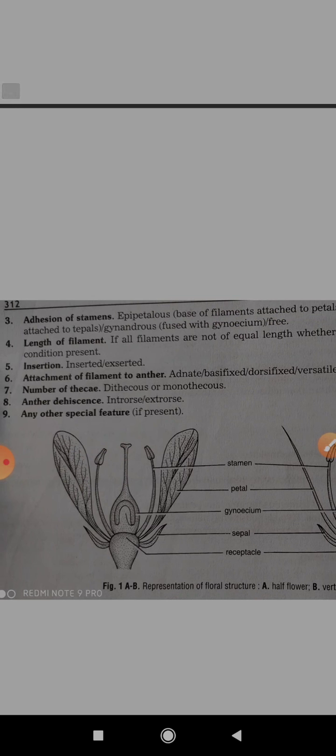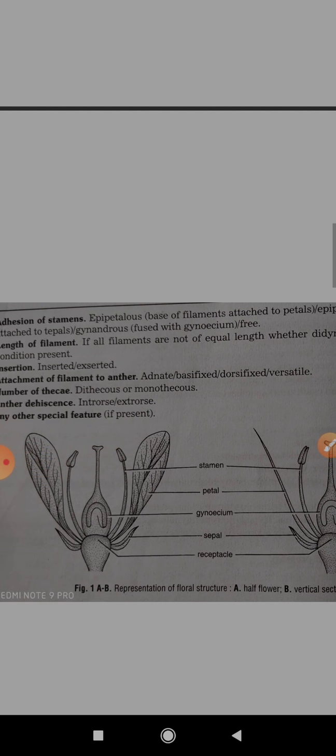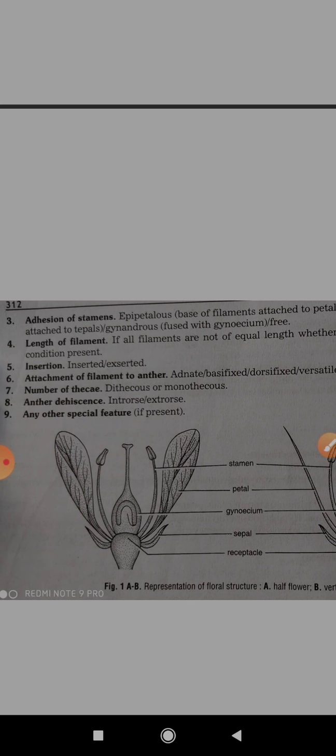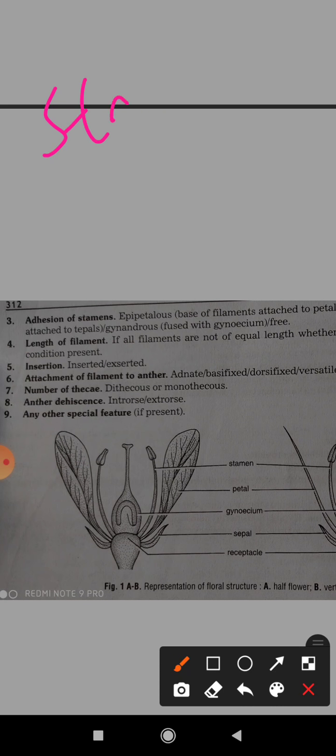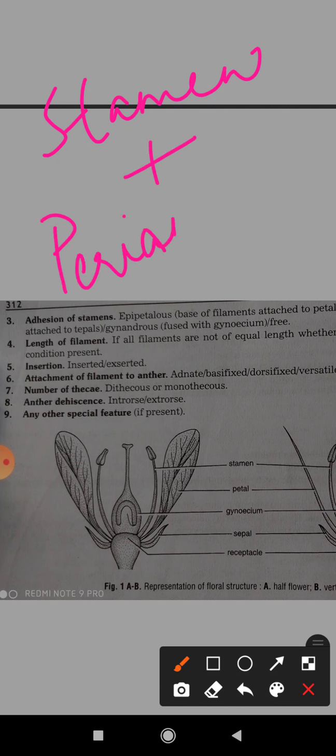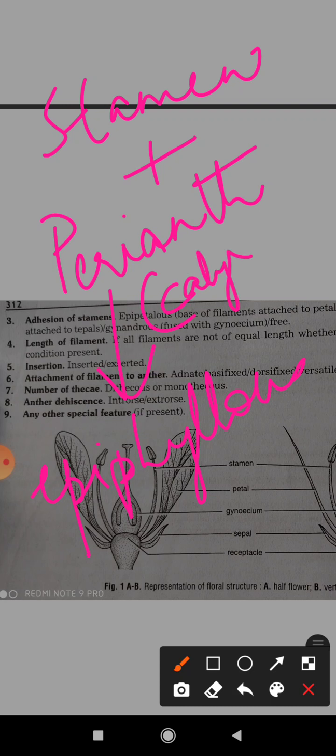Whereas if the base of the filament is attached to the tepals, then it is known as epiphyllous. That means if the stamen is attached to the perianth, then it is known as epiphyllous, right? And what is the perianth? It is the fusion of the calyx and the corolla.